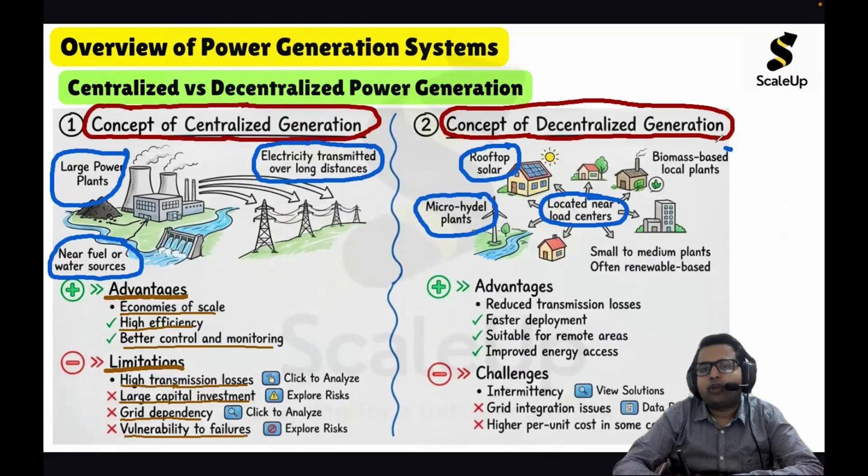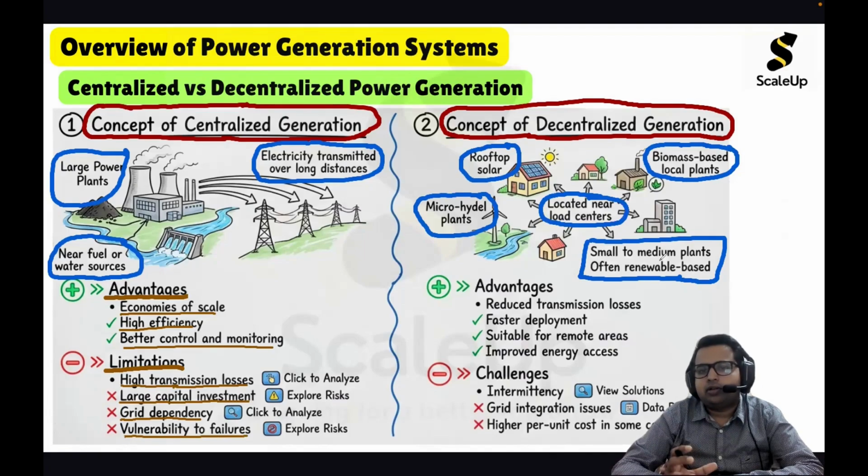If we look at some more examples, biomass based local plants, where from biomass we can generate electricity. Small to medium plants, often renewable based. So decentralized power generation mainly makes use of renewable sources of energy, and the power plants are small to medium sized and located near the load center itself. These are the features of decentralized generation.